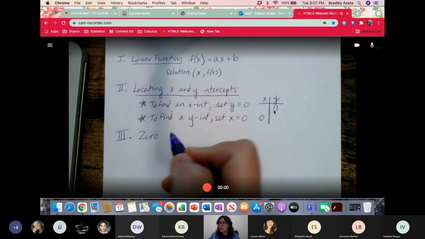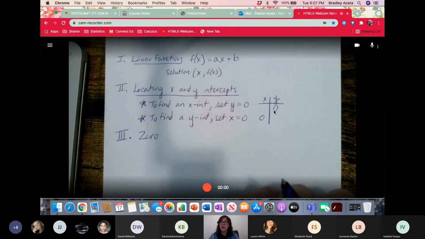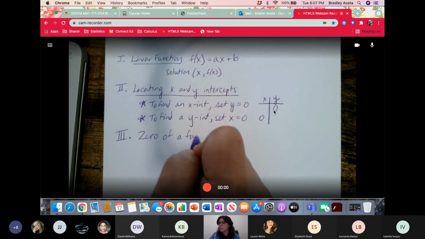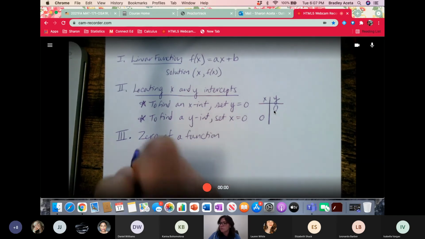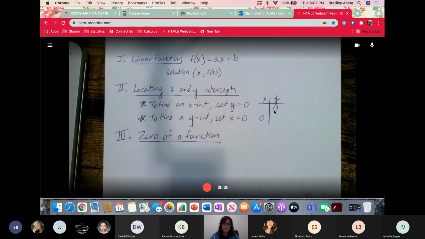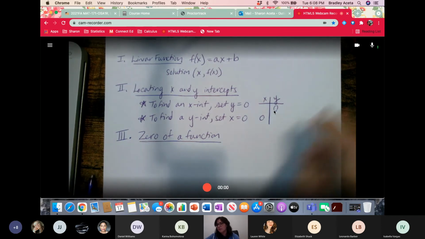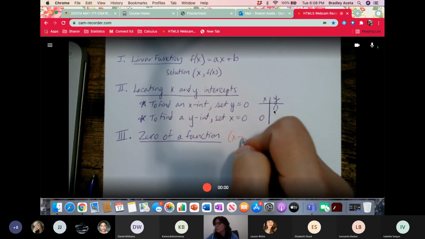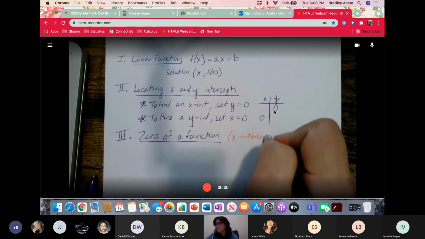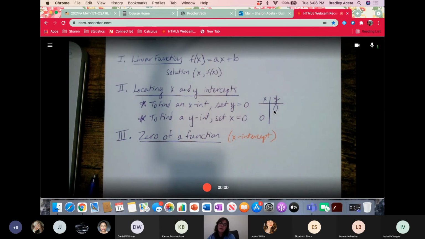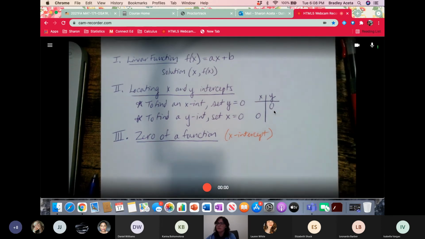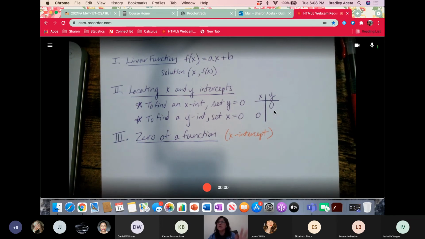You're also going to be asked this question called, what is the 0 of the function? They'll say that a lot. What is the 0 of a function? Okay. 0 of a function, it's just a fancy name for really x-intercept. Hint, hint, hint. When we start solving polynomials, we'll find the zeros, which are the x-intercepts. Why did they switch names? I don't know.